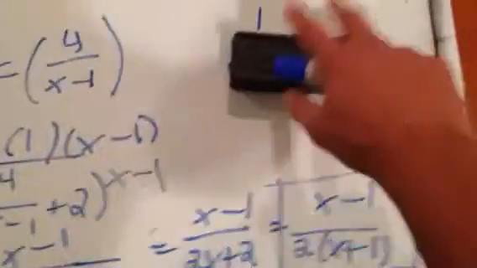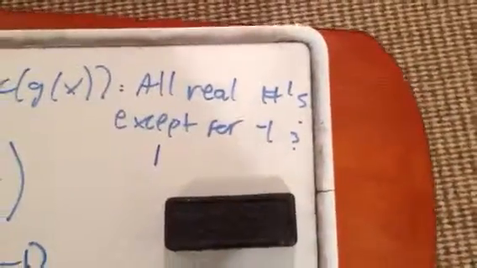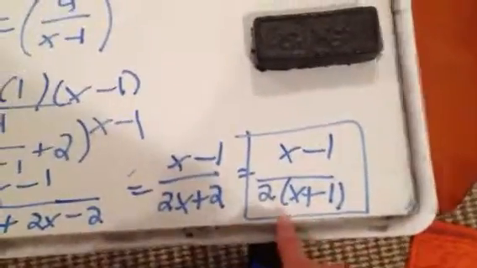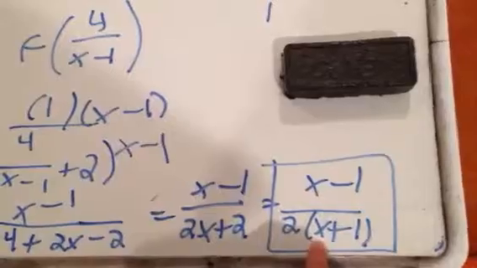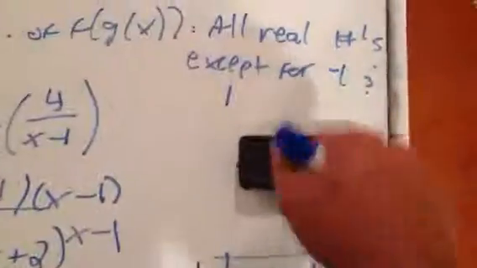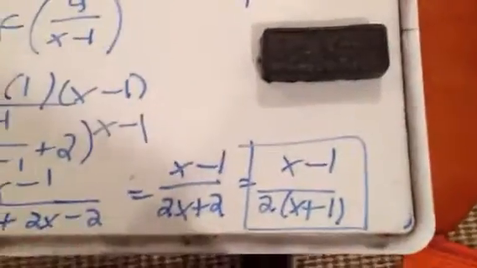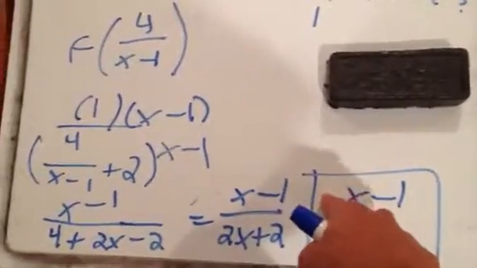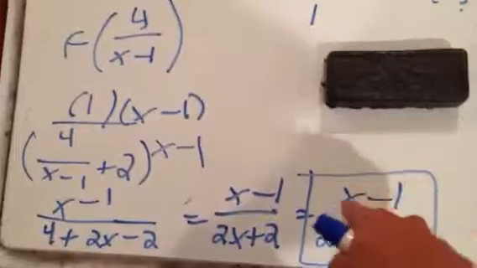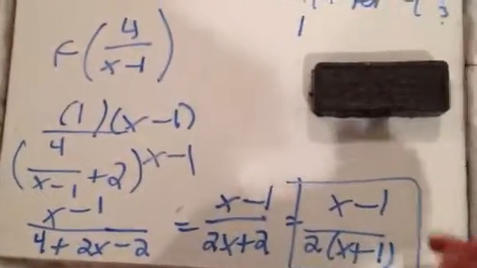So now let's look at our domain. We said that x cannot equal negative 1 or 1. Well, if you look here, the denominator can never equal 0. And if you sub in negative 1 here, that would be 0. So we know negative 1 works. Now you're probably thinking that 1 is not a restriction because if this were 0, x would be 1. That's in the numerator, no problem.